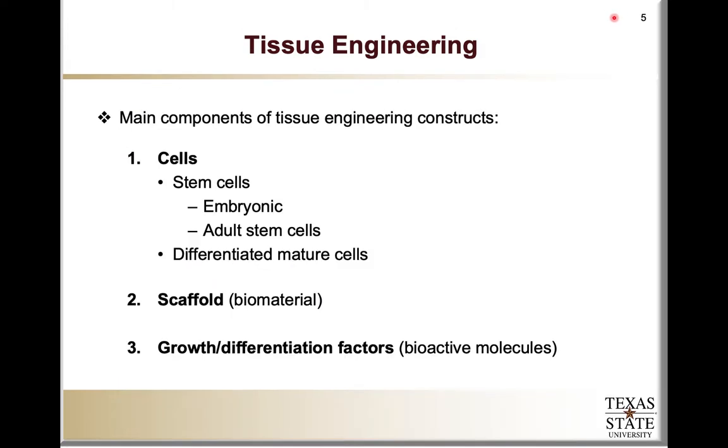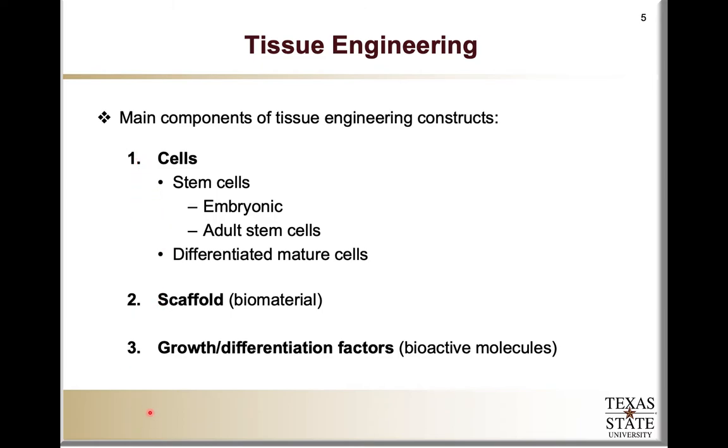The main components of tissue engineering constructs are going to include cells, a scaffold, and growth differentiation factors. The scaffold is going to be the biomaterial that we as engineers are going to be developing, but of course that material needs to be able to interface with cells.